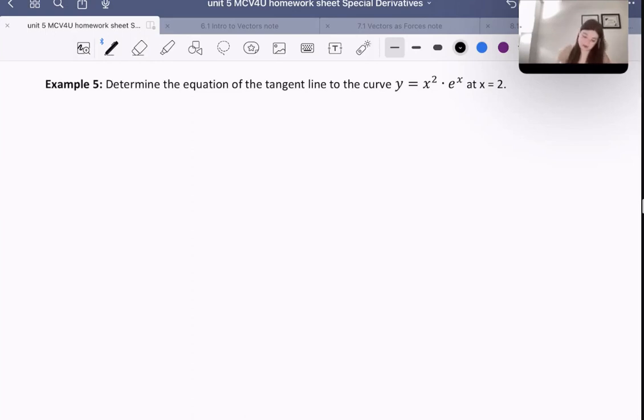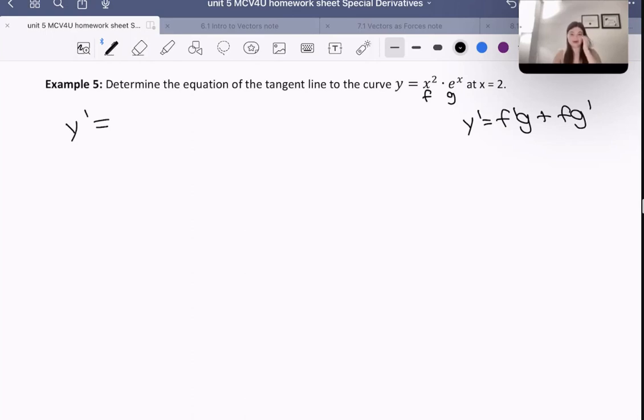So just a reminder, the product rule is the derivative of the first times the second one plus the first one times the derivative of the second one, right? So if this is f and this is g, y prime would be f prime g plus fg prime, like that. Okay.